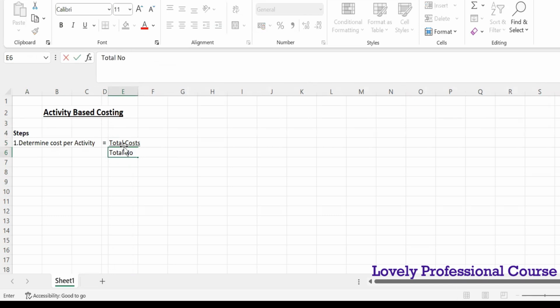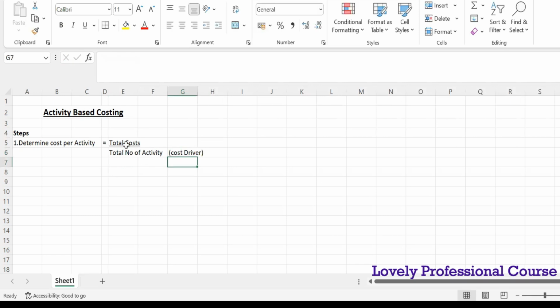This total number of activity is a cost driver, what you can use as a basis of apportioning your overhead incurred. The total cost is an expenditure for a specific activity, for example electricity: it costs this amount.